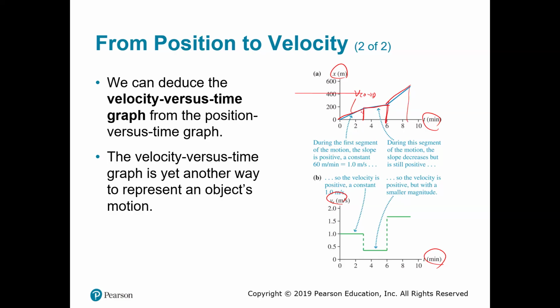For the first 3 minutes, your velocity is the slope of this line, which is about 1. In 3 minutes you travel 180, so your velocity is about 1 meter per second. Here the unit is minutes while this is seconds, so that is 180 seconds instead of 3 minutes: the t-axis is 180 seconds and you move 180 meters. So your velocity is roughly 1 meter per second.